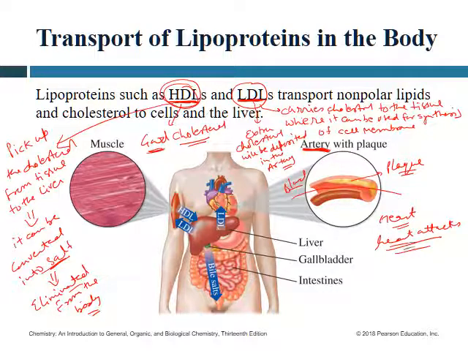So that's why we call LDL a bad cholesterol, because it's not getting rid from the body, it's just putting the cholesterol into the artery, and that helps to develop some kind of disease, right? So HDL is a good cholesterol, LDL is a bad cholesterol, right?